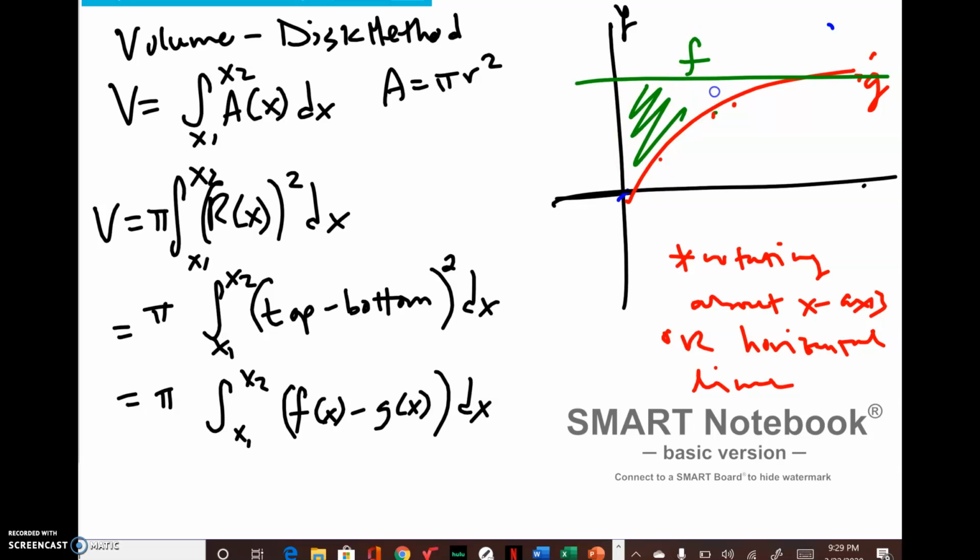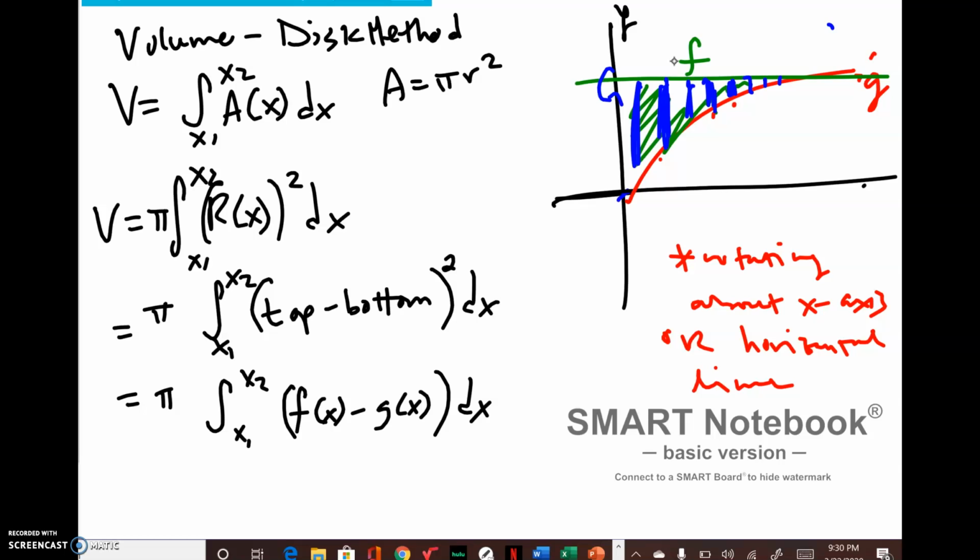And this is the region I'm rotating. So if you look at my vertical strips, I'm going to do these blue. And I'm rotating about this horizontal line, which is this function f. There's no gaps between these blue vertical strips and the line I'm rotating about. So that's how I know that this is a disk.